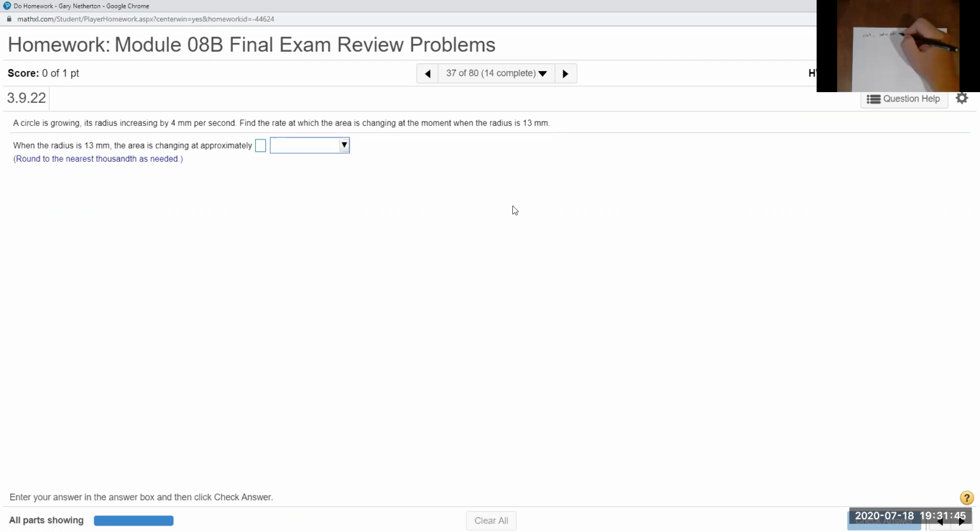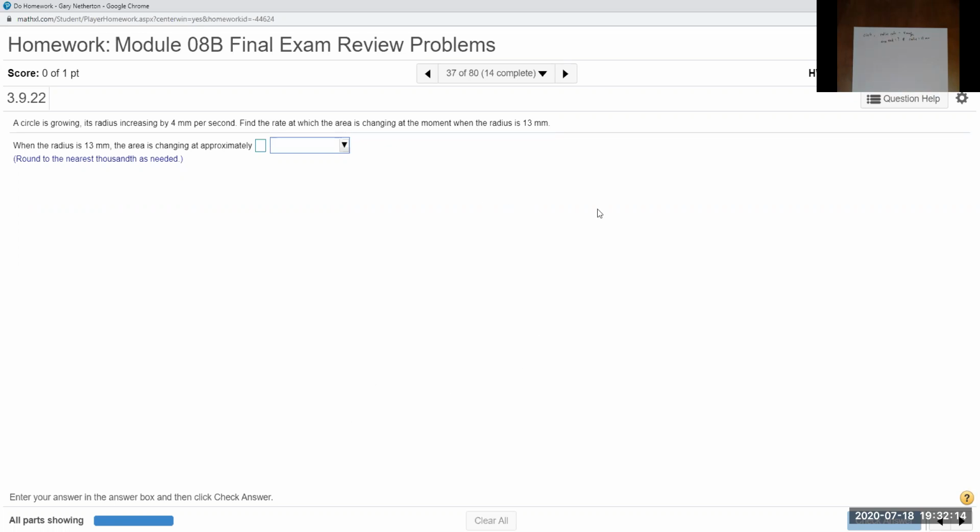The radius rate equals 4 millimeters per second. And they want to know, in a sense, the rate of the change of the area, what I call the area rate, when the radius equals 13 millimeters.